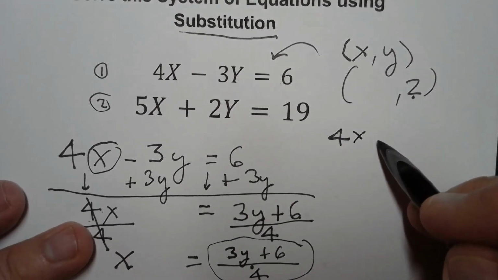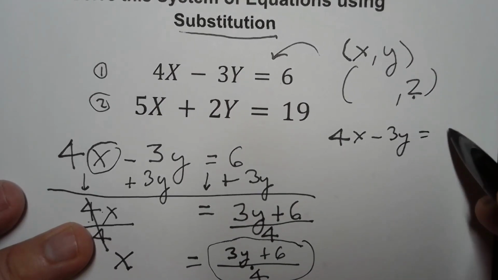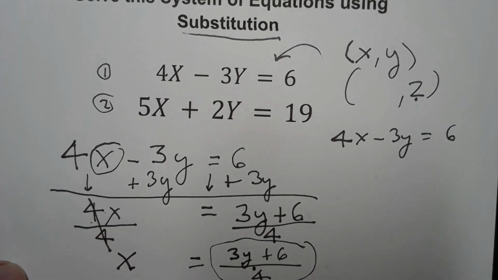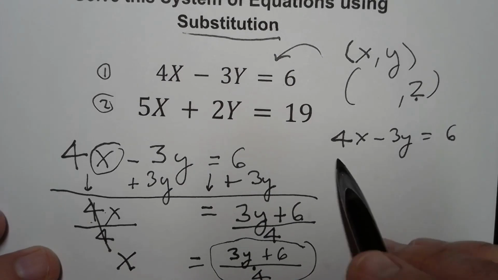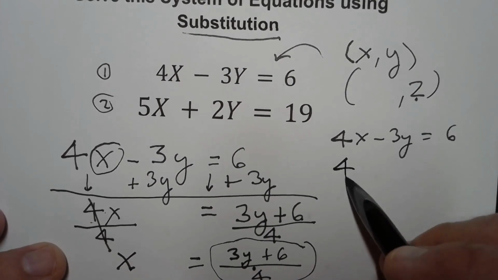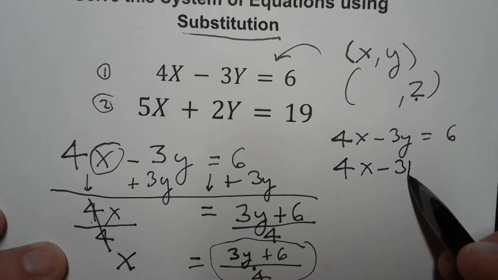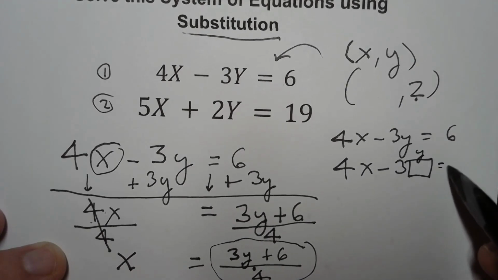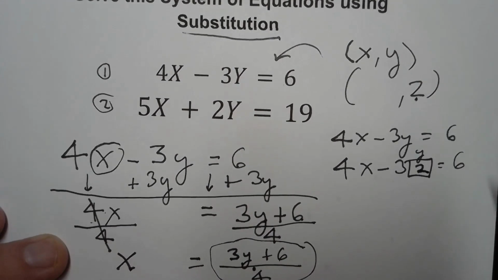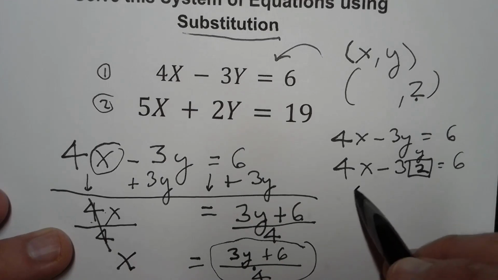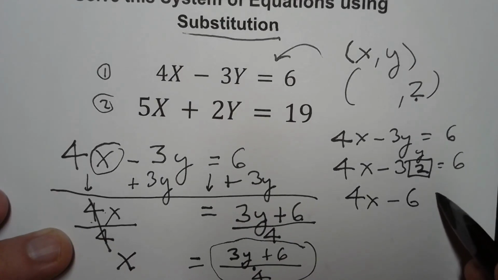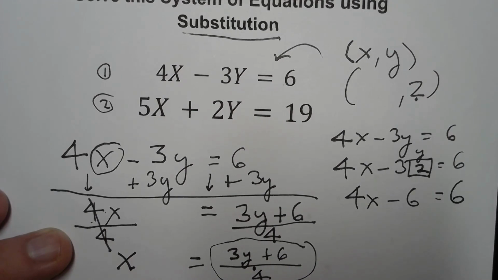That's 4x minus 3y is equal to 6. And I can now plug in the 2 for the y. So I've got 4x minus 3 times y is equal to 6. I'm going to plug the 2 right into there. That's the y box. So I've got 4x minus 3 times 2 equals 6.